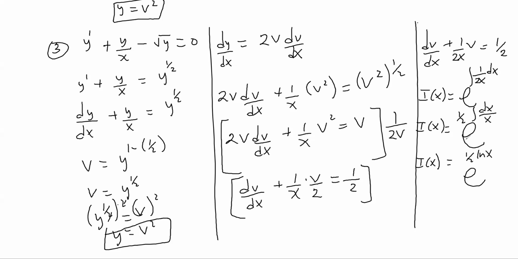We notice that this half can go up here, so I will have e raised to the ln of x raised to the half, so that this ln can cancel this e. So my r of x will be equal to x raised to the half. Now I'm going to erase this side of the board so that I can have space.